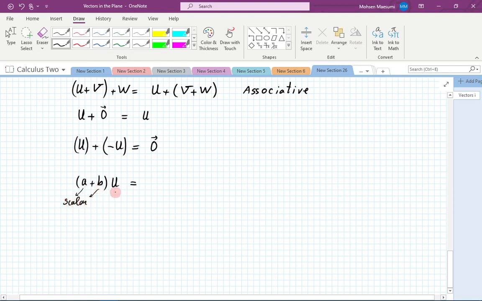This is a scalar, and in this notation, this is supposed to be a vector, so to be correct, I have to put an arrow on top of it. So what does this mean? This is A times U plus B times U. It's saying that if you have 2 plus 3 times some vector U, you could also think of it as 2 times U plus 3 times U.